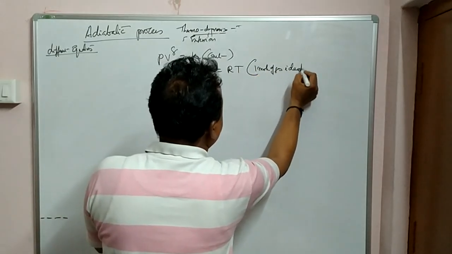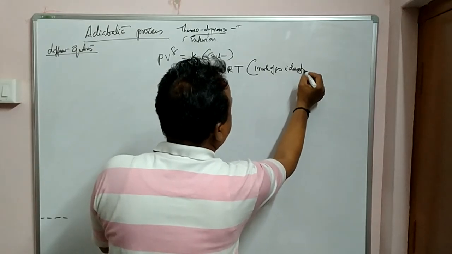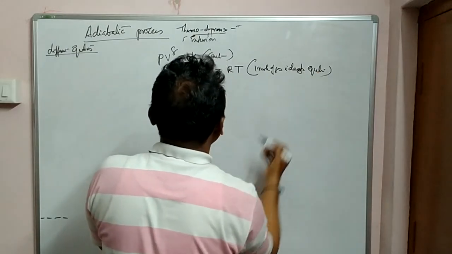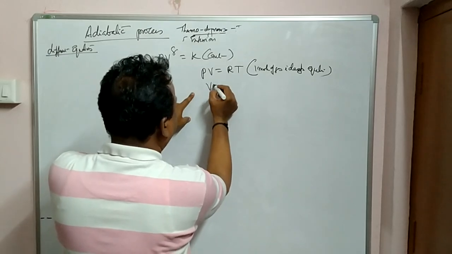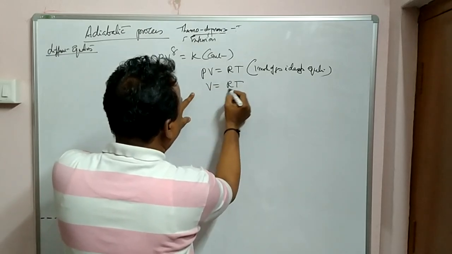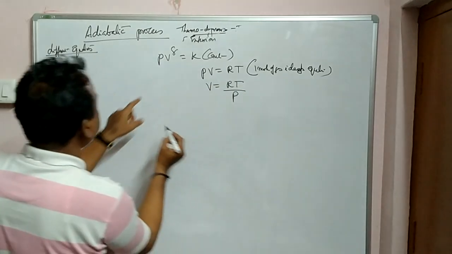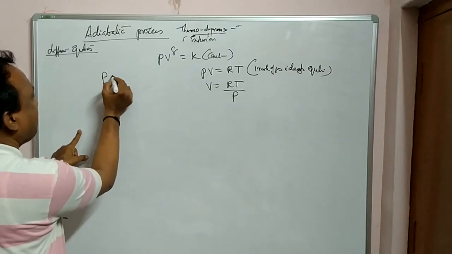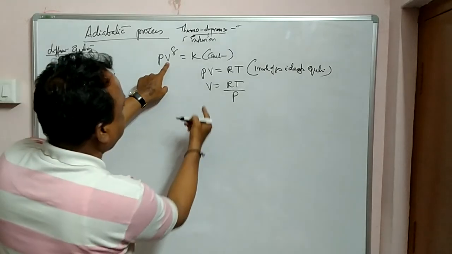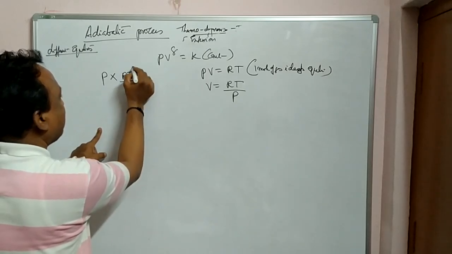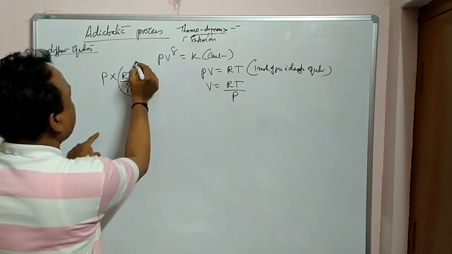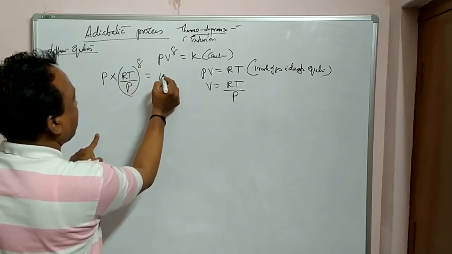So you can use this one. For example, what is V? V equals RT by P. Substitute here, in the place of V, RT by P, to the power of gamma is equal to constant.